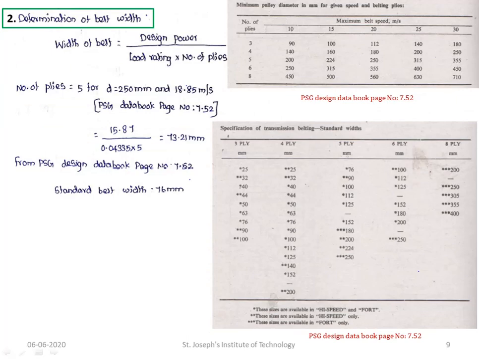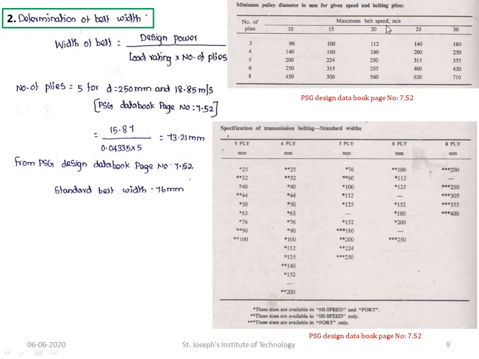Next I need to calculate the belt width. We already know the formula; the unknown term is the number of plies. That can be found from the data book page number 7.52 using this table, based upon the belt speed and the minimum pulley diameter.